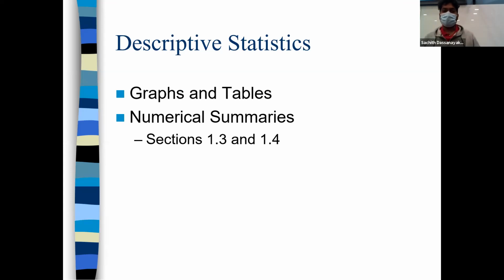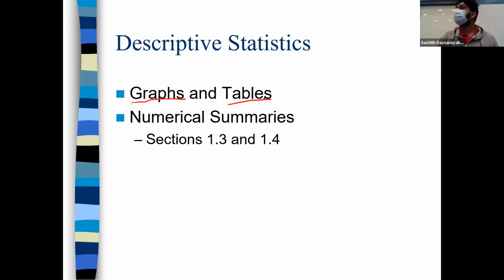So graphs and tables we are using to interpret or simply show our results to others. Graphs are the easiest way to show results, because thousands or millions of data points we can show within a simple graph. We will discuss these things later.